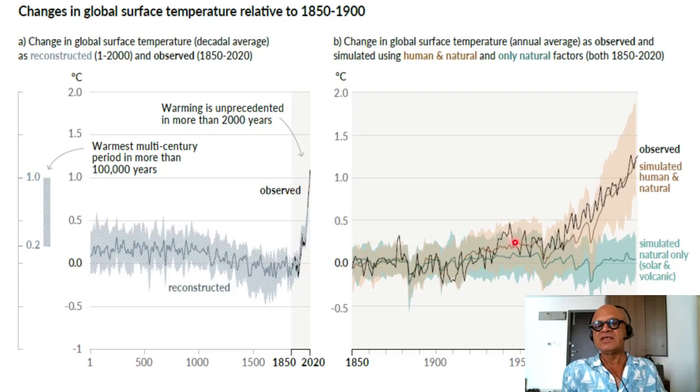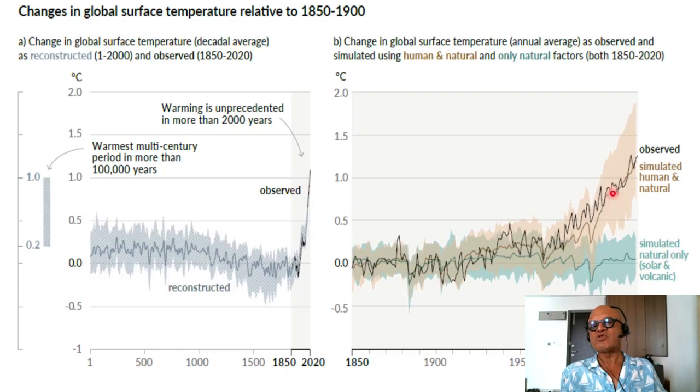So you can see that the observed trend is captured with a range here of various models, and the simulation here is done with natural forcing such as volcanoes, solar variability, land use change, and so on, some of which is human, and human forcing, which is mostly greenhouse gases and some land use change, urbanization, conversion to agricultural land, deforestation, and so on.